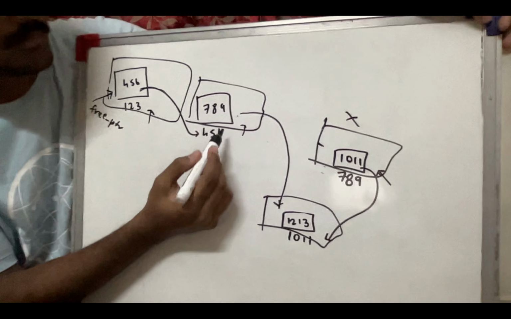Well, not 7, 8, 9. Sorry, next block, it has a value 1011. So let's say my previous block is over here, my current block is over here, my dereference next block is over here. So 1011, that's what it is.